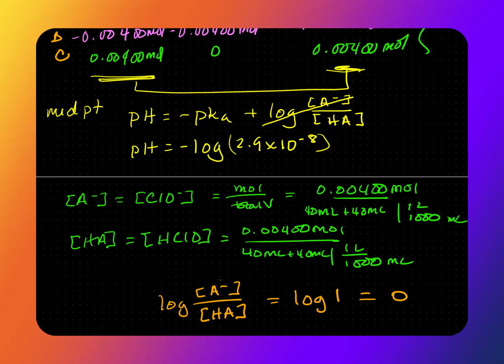So pH is just negative log of the Ka, which is equal to 7.54. At the midpoint, the moles of the weak acid and its conjugate pair, or if it's a weak base and its conjugate pair, will be the same. Then I would just use the Henderson-Hasselbalch because pH or pOH is going to be negative log of Ka or Kb respectively.